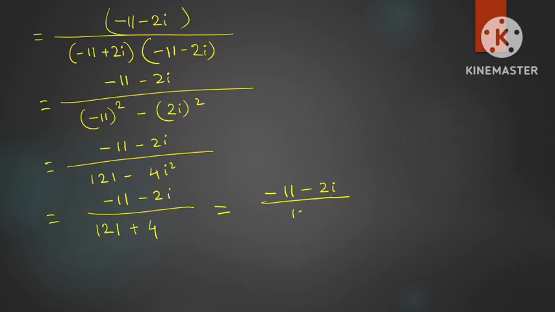And to put it in the standard format, we have to divide the two parts by 125. So it will be minus 11 by 125 minus i into 2 by 125. This is the real part and this is the imaginary part, and it is in the standard format a plus ib.